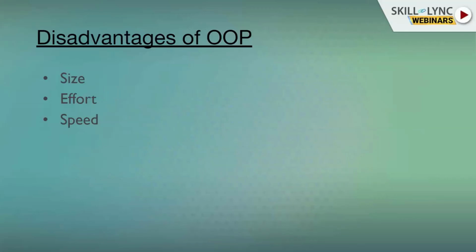Coming to the disadvantages, the major disadvantage would be the effort that we put in. Other than that, the size and speed restrictions have become inconsequential with the improvements in computer performance. If you talk about the size, object-oriented programs are much larger compared to other programs.